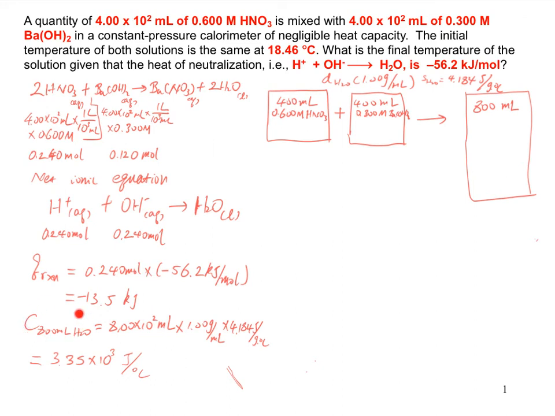Now we know the total heat generated, and we know the heat capacity of the water. Now we can calculate the change of temperature. But to be precise, let's think about this. If we treat the solution and the calorimeter as the system, because it's a calorimeter, there's no heat exchange between the system and the environment.